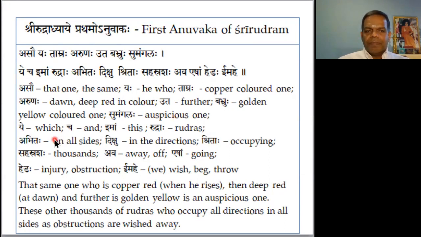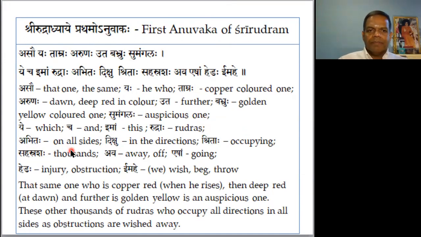Ye, which, cha, imam. Imam means these, this. Rudraha means many Rudras. Abhitah means from all sides, all four sides are surrounding.